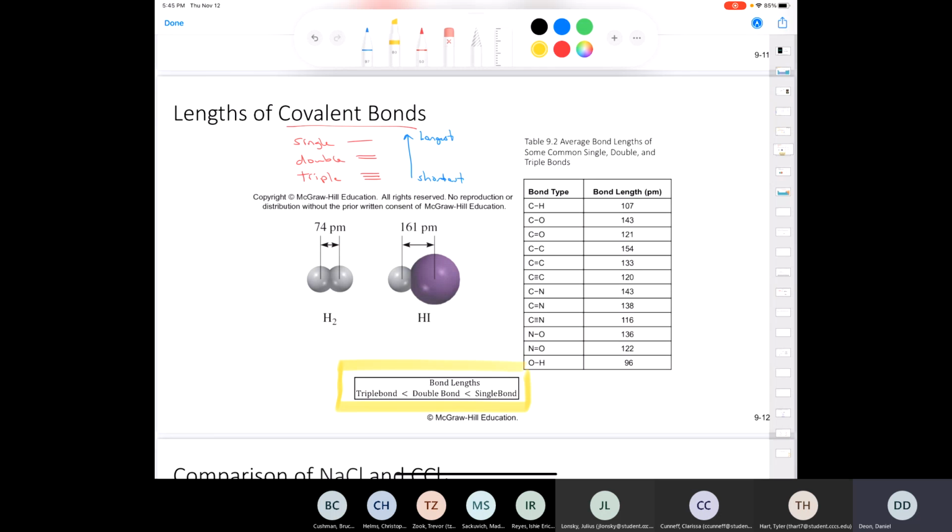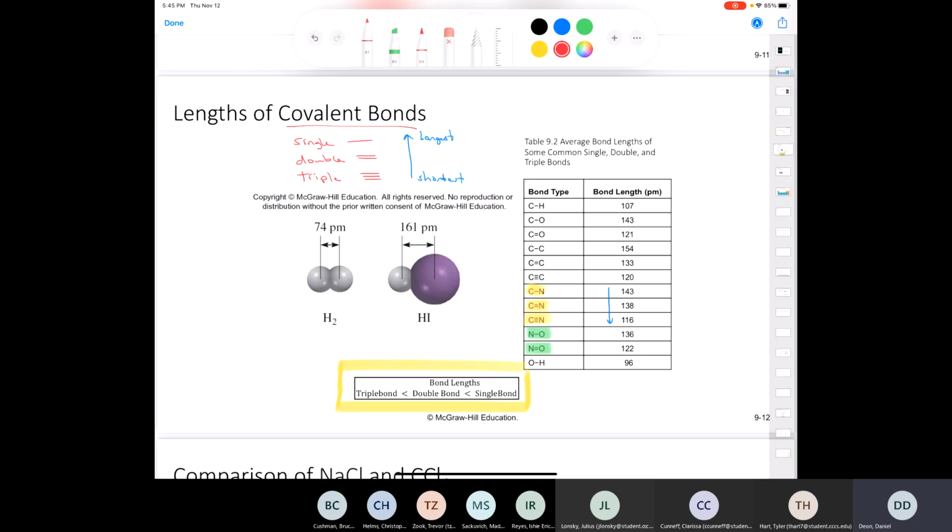Let's take a look at some examples here. Let's compare a carbon nitrogen single bond, double bond, and a triple bond. What do you see the effect is on bond length? As the number of bonds increases, the bond length decreases. You can see a similar trend between a nitrogen-oxygen single bond and double bond.